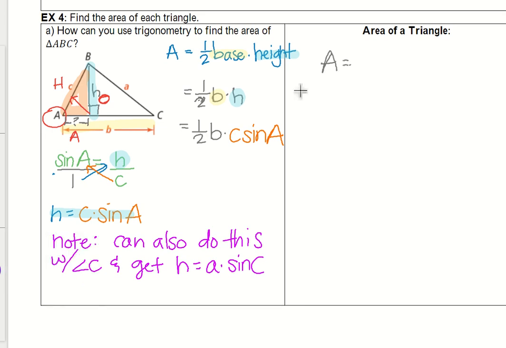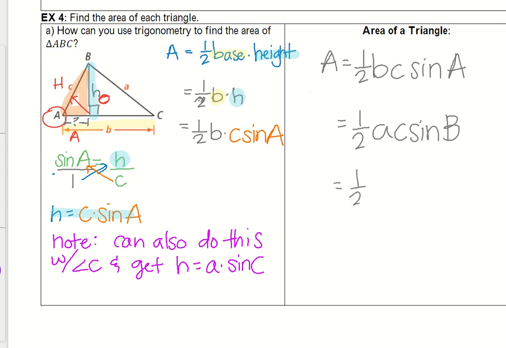It's the area would equal 1/2 BC sine of A. We could also use 1/2 AC sine of B, or 1/2 AB sine of C. So depending on which angle and sides I know, as long as I know an angle and the 2 sides next to it, so not the side across from it, I can use that to find the area of the triangle. Okay, so I'm finding the height using one of those pieces.